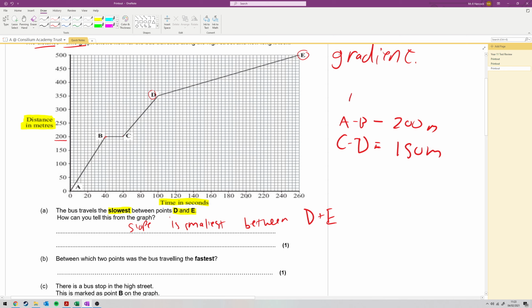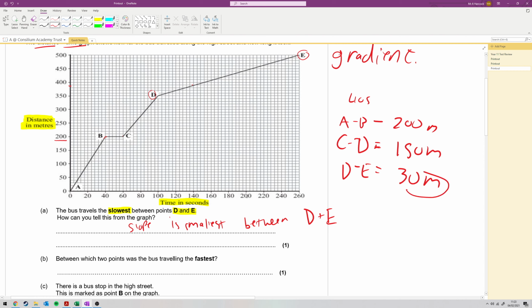So this is for 40 seconds only. Now from D to E, let's take 40 seconds. 1, 2, there we are. They travelled from 350 to 60, 70, 80. D to E, they only travelled 30 meters.